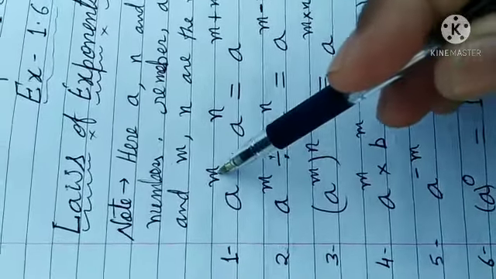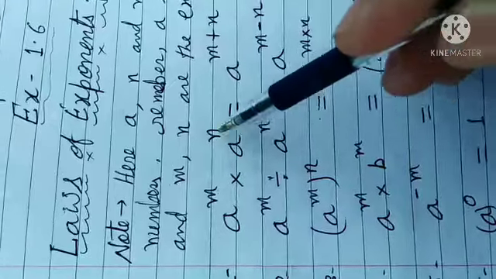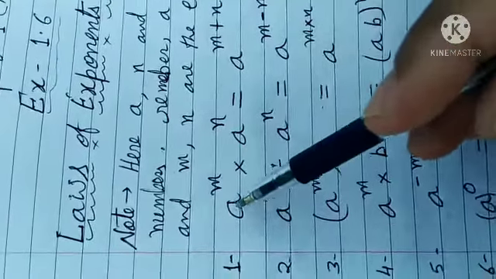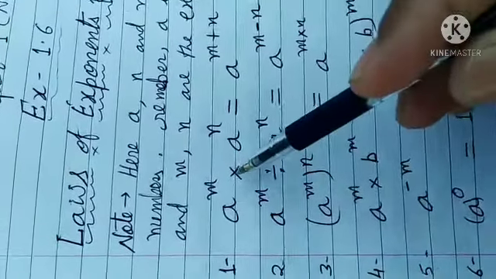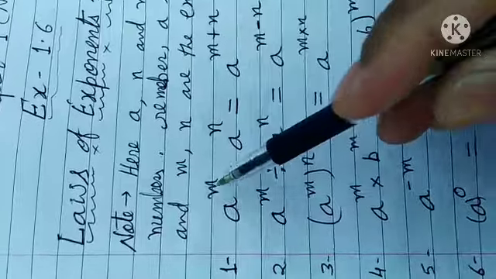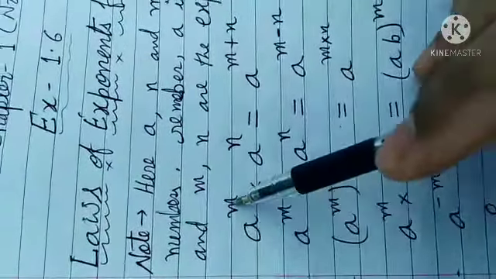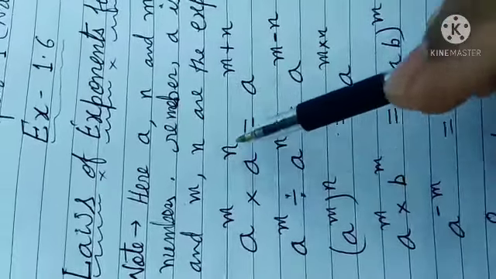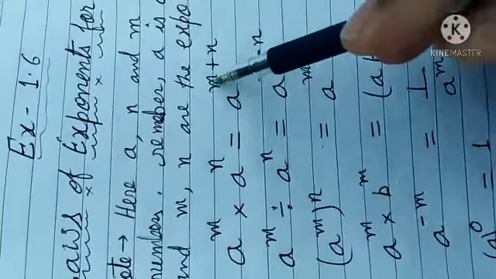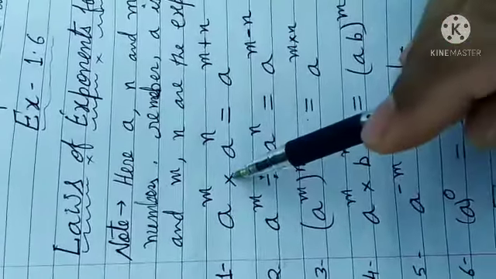So a to the power m multiplied by a to the power n. It means if bases are the same and powers are different, then in case of multiplication we have to add the powers. Means a to the power m multiplied by a to the power n is equal to a to the power m plus n. In case of multiplication only, okay?